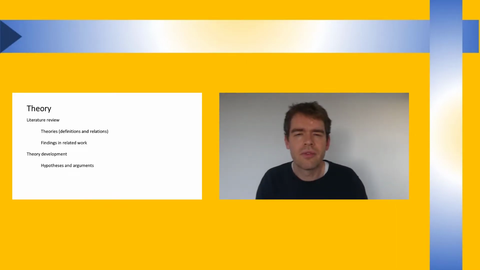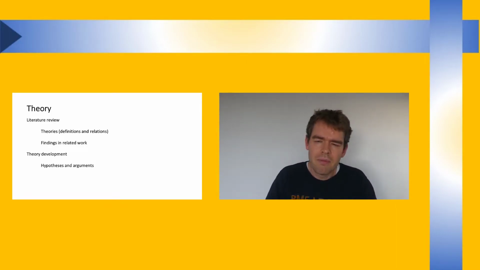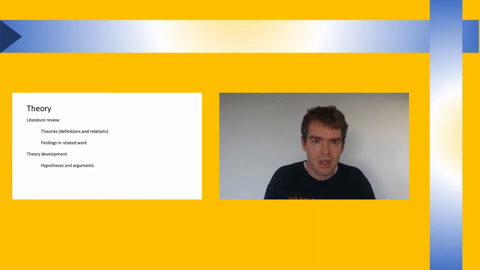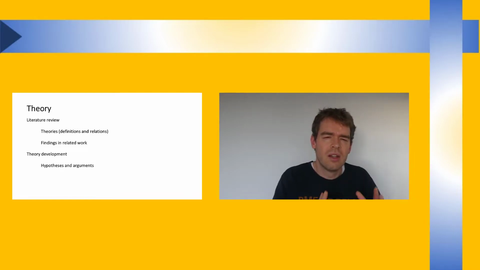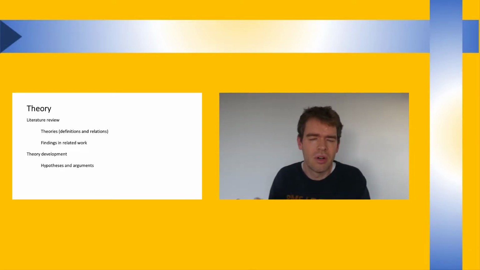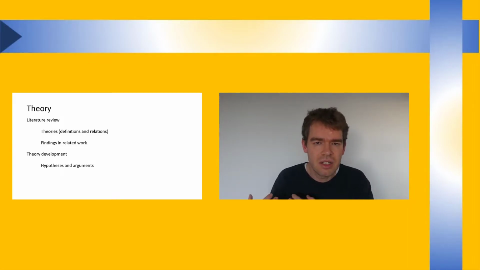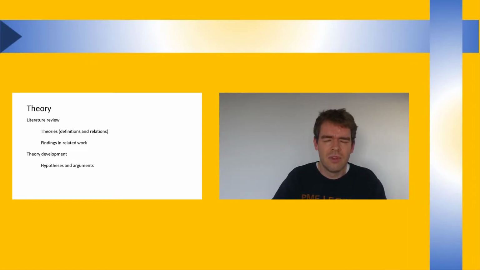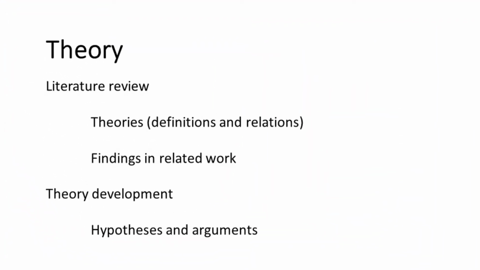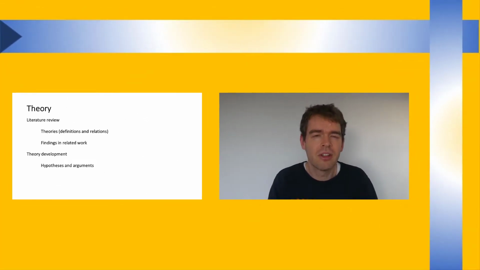The chapter thereafter is about theory, and basically this includes 2 components. You review what is known about the problem already, and you develop hypotheses, testable expectations about the specific contributions that you want to make. Reviewing the literature revolves around summarizing the perspectives, so the theories that are relevant.